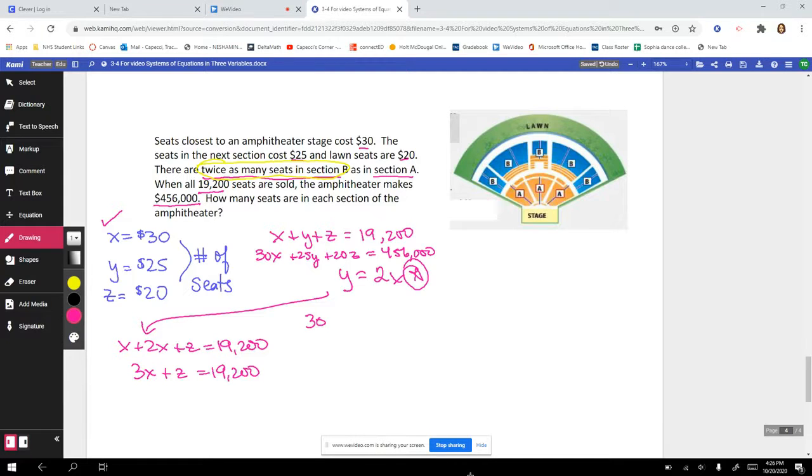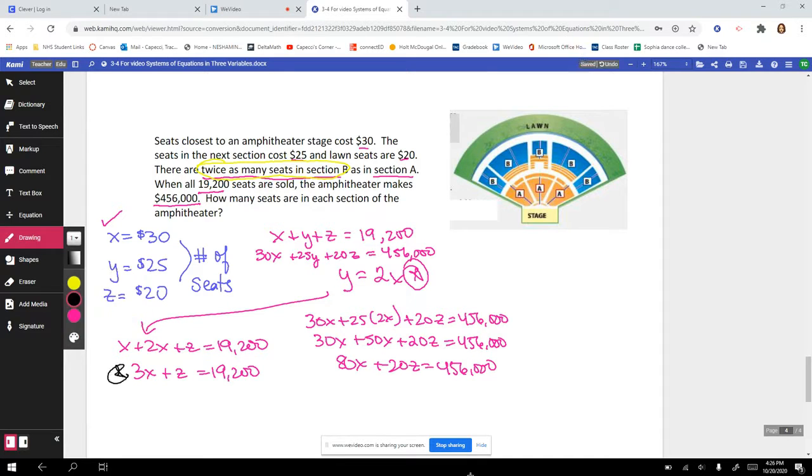I have 30x plus 25 times 2x, because that's what y is, plus 20z is equal to 456,000. So I get 30x plus 50x plus 20z is equal to 456,000. So I have 80x plus 20z is equal to 456,000.